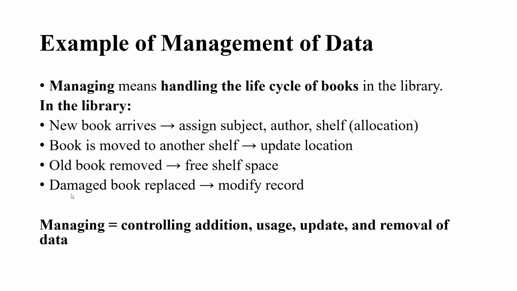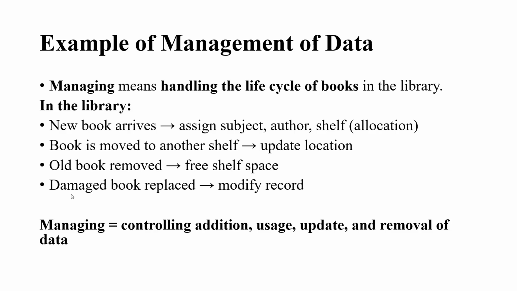When it comes to examples in terms of library, managing means handling the life cycle of books in the library. For example, if a new book arrives, you will assign subject, author, shelf. That means you will place the particular book in a separate shelf location.